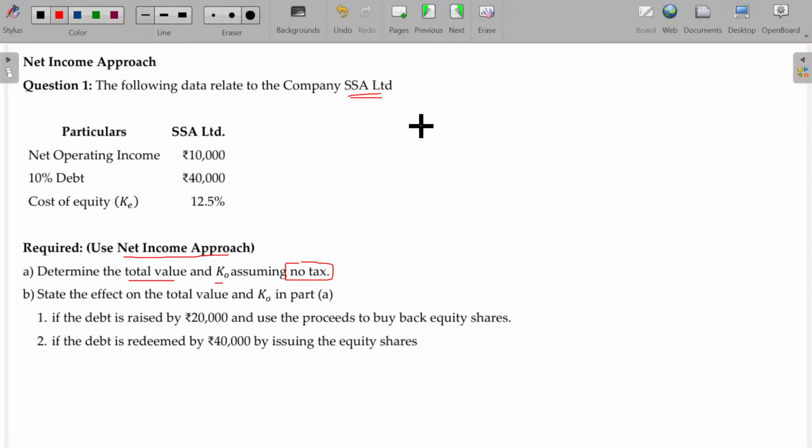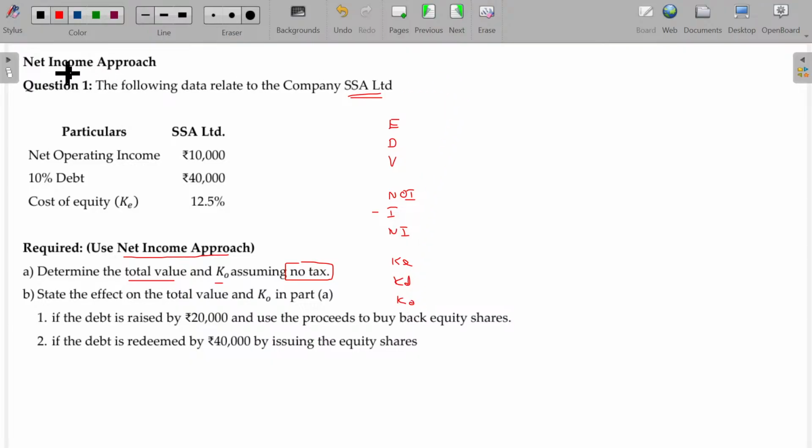Immediately draw the 9 lines. What are they? You have to calculate equity, debt, value. That's the first set of 3. The next set of 3 being NOI, minus interest, NI. The next being 3 items: KE, KD, KO.